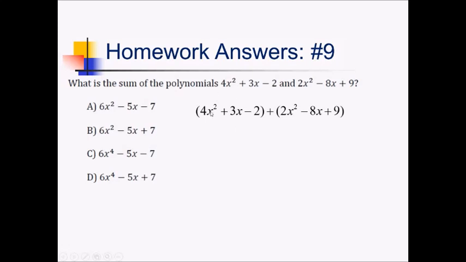So we have a 4x squared plus a 2x squared, a 3x minus an 8x, and finally a negative 2 plus 9. Going from left to right, these combine to give us 6x squared, negative 5x, and finally this will be a negative 2 plus 9 is 7. And that is going to be answer choice, looks like B.